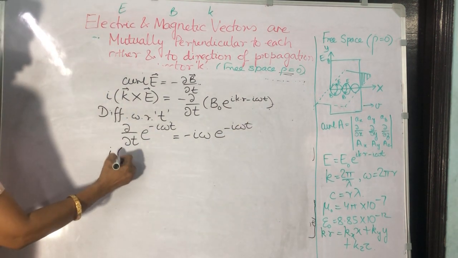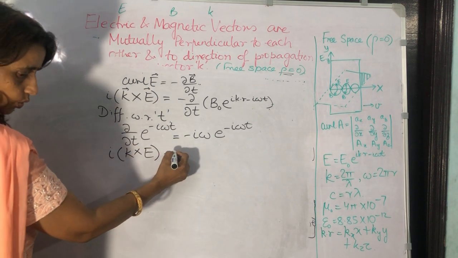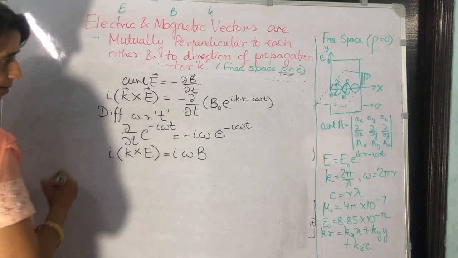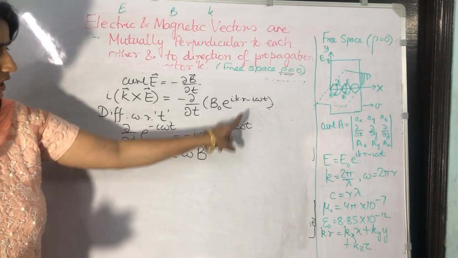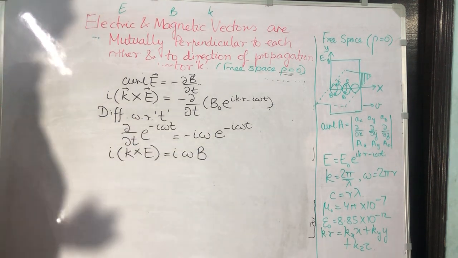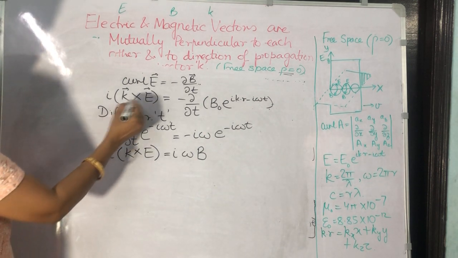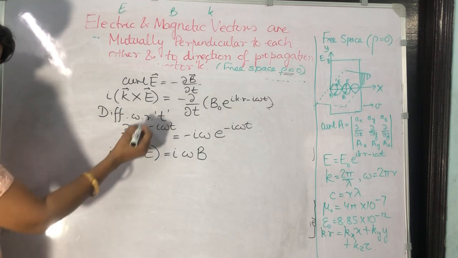So I K cross E is equal to I omega and B, where B is B naught e to the power of I K dot R minus I omega t. So this was minus here, and this was Faraday's law of electromagnetic induction.